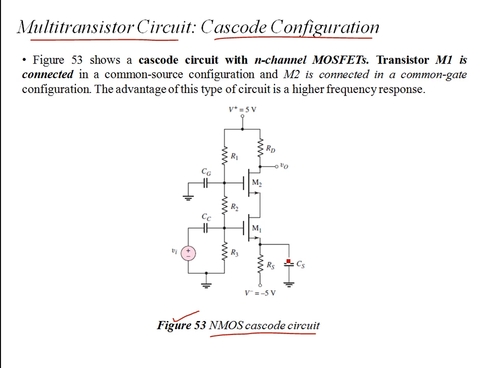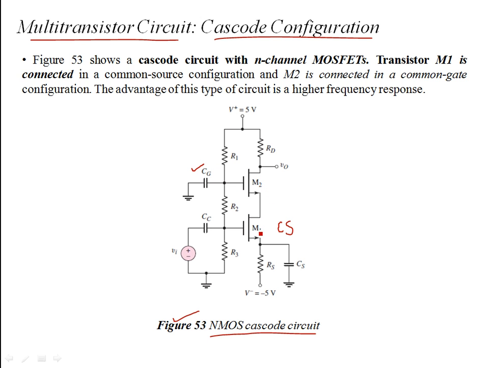But if you look closer at this circuit, you will see that this M1 is connected in a common source configuration. So the NMOS device M1 is in common source configuration, whereas the M2 transistor has a coupling capacitor CG.